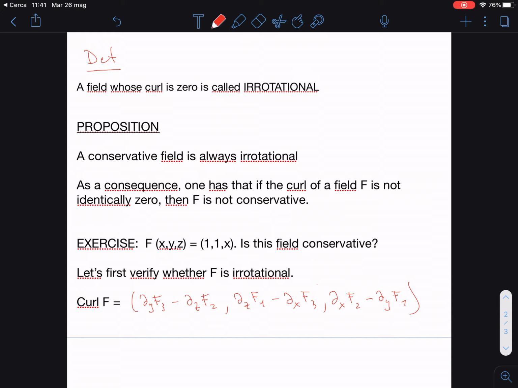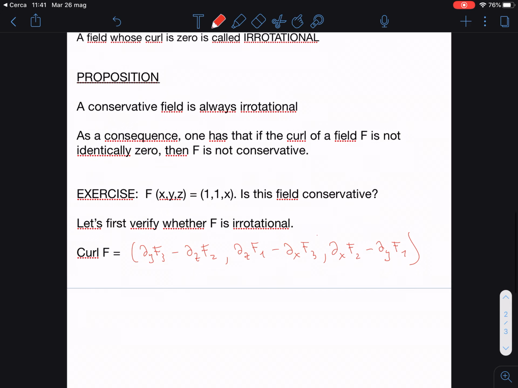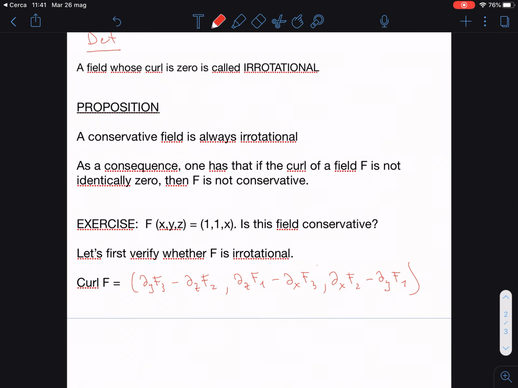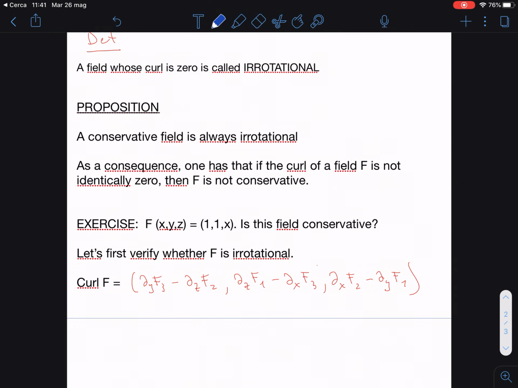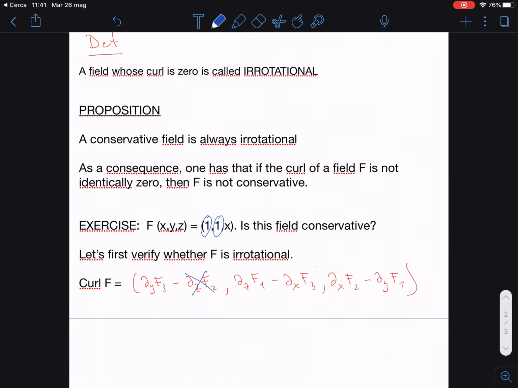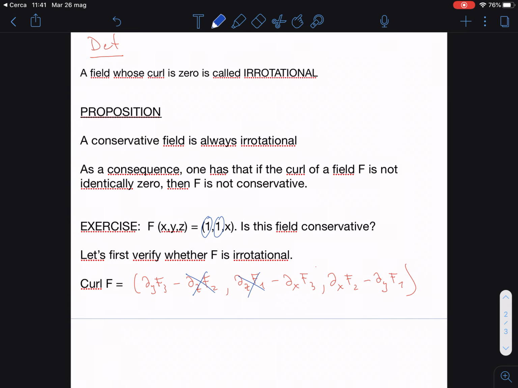Let us use this formula on this field. All the derivatives of f1 or f2 are 0 because those two components are constant.